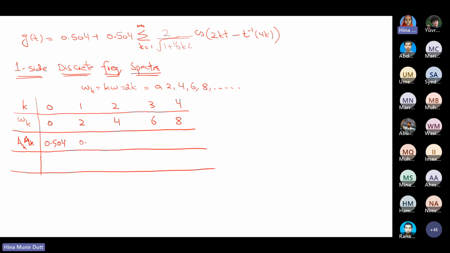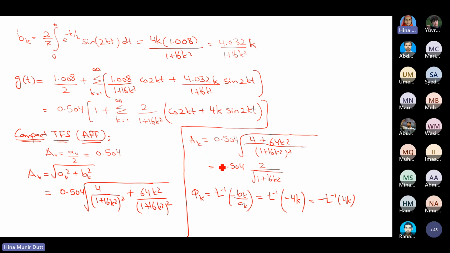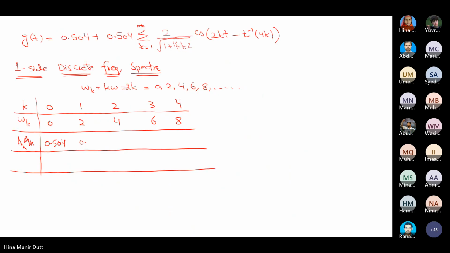This is my Ck: 0.504, 0.244, 0.125, 0.084, 0.063, and then the angle.